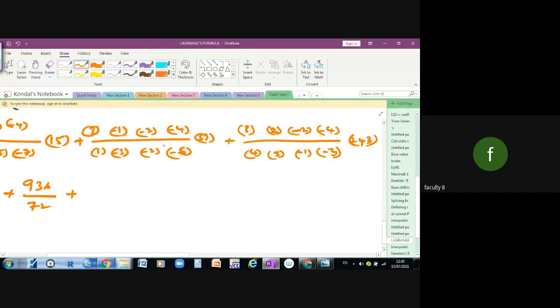So if you multiply this value with 343, you get 11,664 divided by 36, plus another value, you get 9,000 by minus 40, plus 9,252 by 252. Okay.